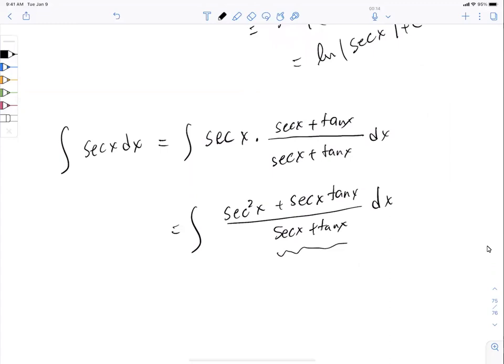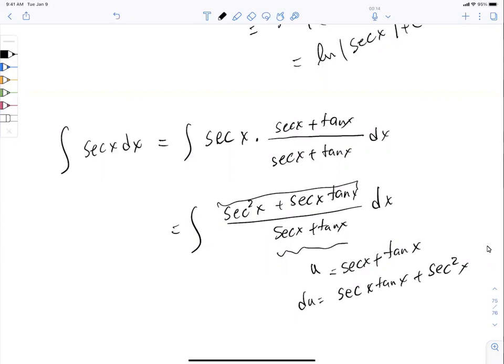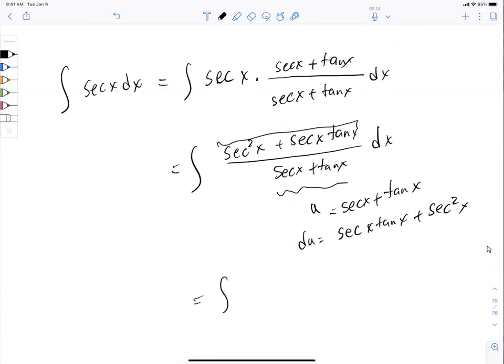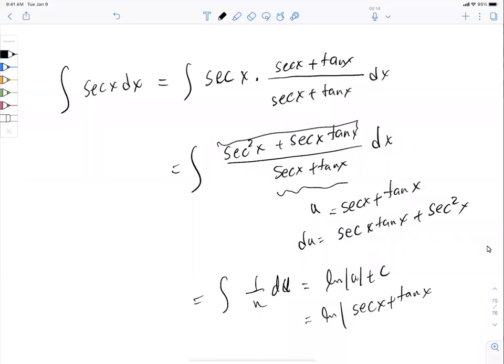Then I let the denominator be my u. But notice, what would du be? The derivative of secant is secant tangent, and the derivative of tangent is secant square. And that literally is what I have on the top. So it's going to be the integral of 1 over u du, no surprise, which is natural log of u plus c, which is natural log of secant x plus tangent x plus c.